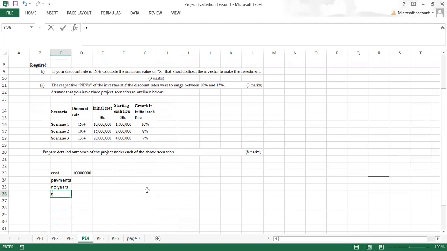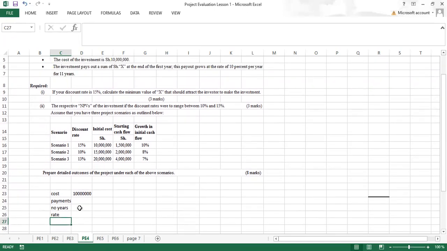And we also have the rate. The rate is what I'm looking for. The payment here is what we have to calculate. The number of years is 11, and the rate is 15%.